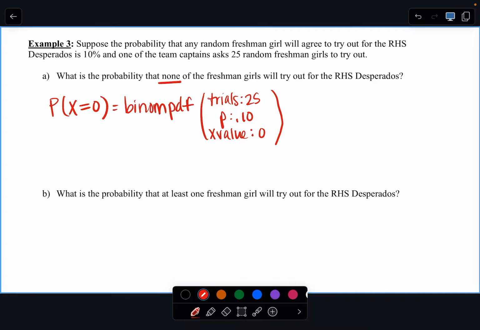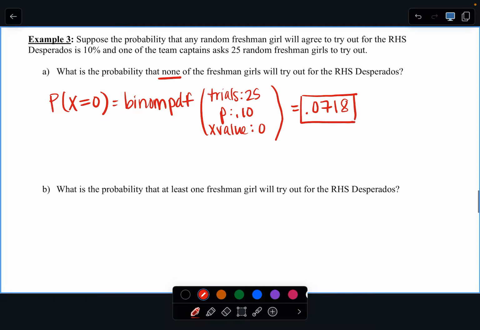So I go to my calculator, I go to second vars, I go to binom PDF. When I'm actually doing this myself, I just go up because it gets there faster. 25, 0.10, and 0. And I get 0.0718. So about a 7% chance that none of the girls try out.